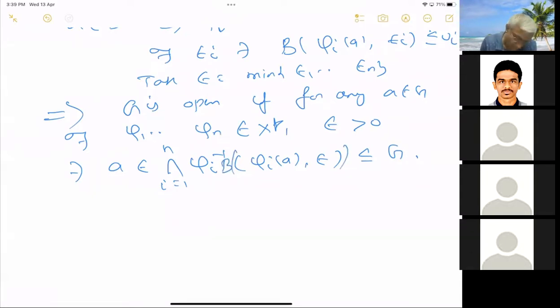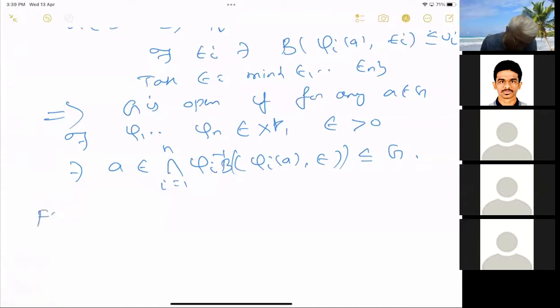So I want to define a neighborhood. So this is a neighborhood. So let me use this notation. This is like a neighborhood around any point A. Okay.